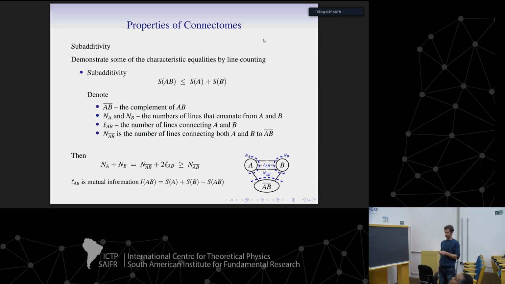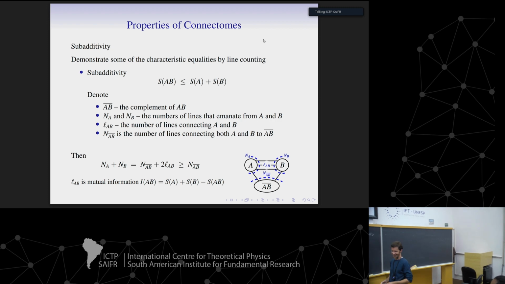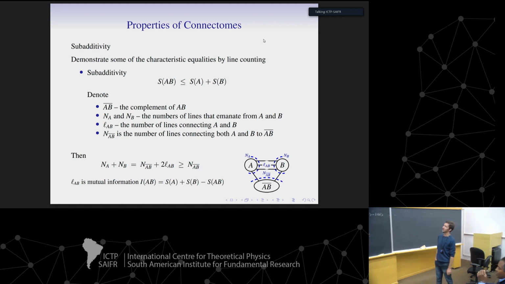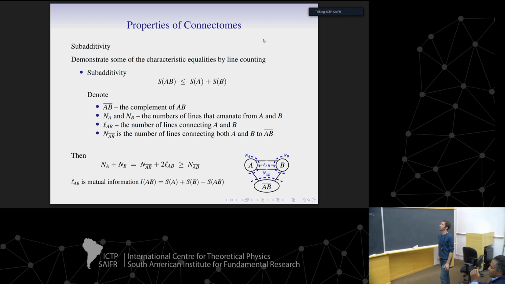So if you have a system which has two subsystems, A and B, then the entropy of the union of A and B is less than the sum of the entropy of A and the entropy of B. And here you can check this by computing, as I said, for the entropies, you just compute the number of lines that connect different sides.